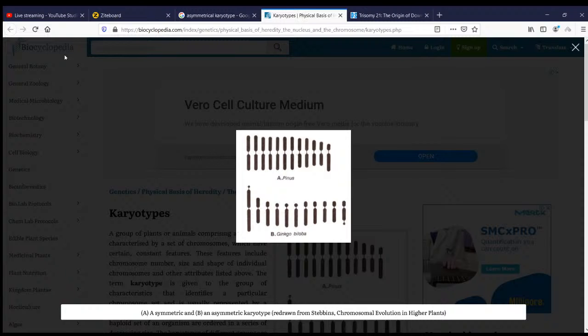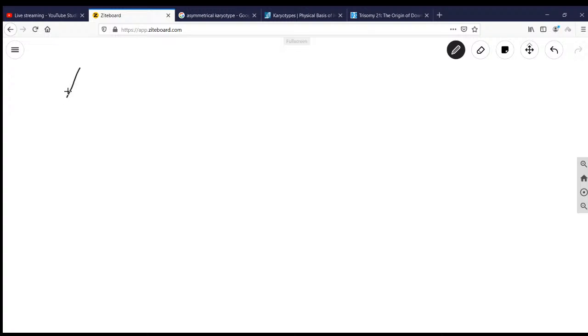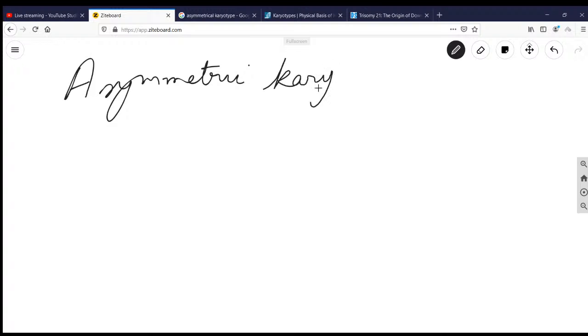So I'll write the definition first. This is the best definition of asymmetric karyotype. Then I'll describe it. It's very easy. The definition seems a bit overwhelming, but it's very easy.